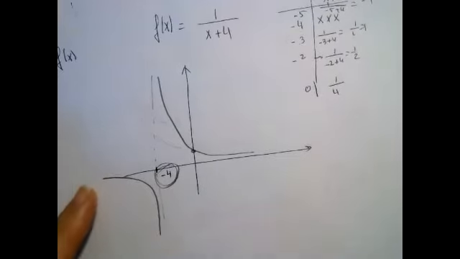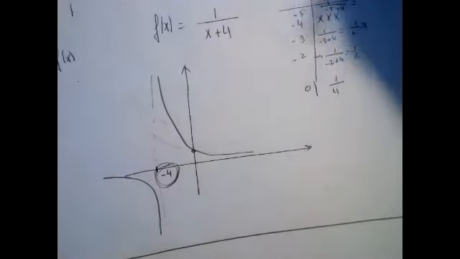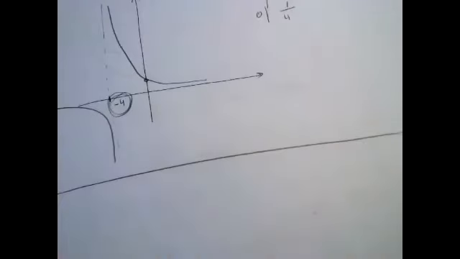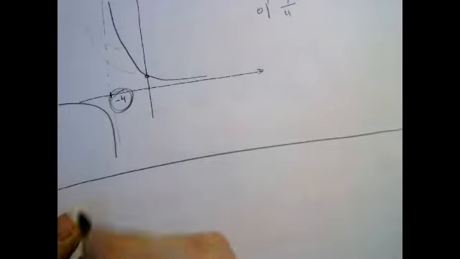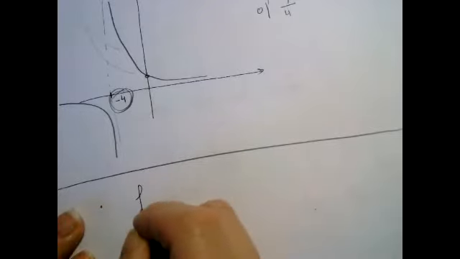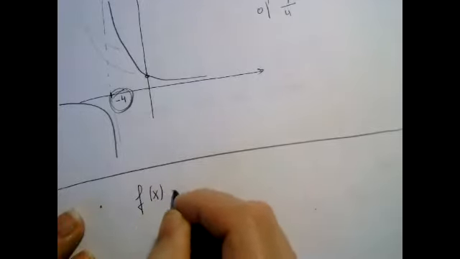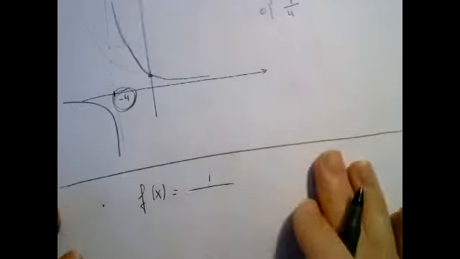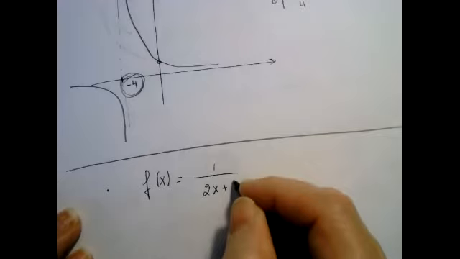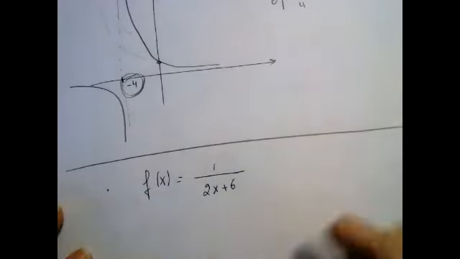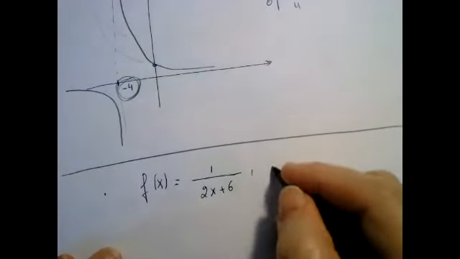Okay. All right. So let's do other problems along the same lines. Suppose I take f of x equal 1 over 2x plus 6. Again, the question is the domain, another simple one. Find the domain.